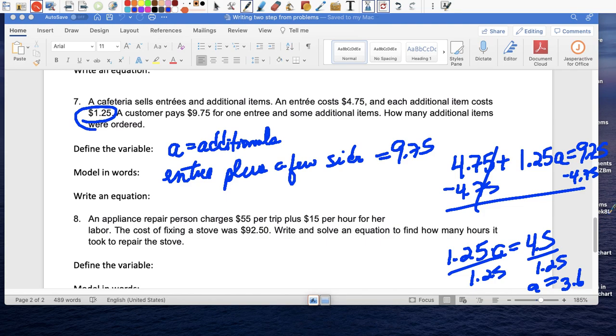Each additional is 1.25. 9.75 was the total, so 9.75 minus 4.75 equals 5. Here's my mistake. So this is actually supposed to be 5. Now 5 divided by 1.25, and that's what my mistake was. So how many extra side items did he order? 4. Okay.